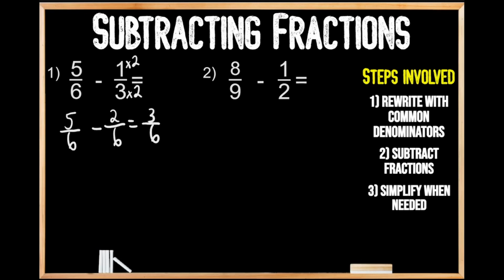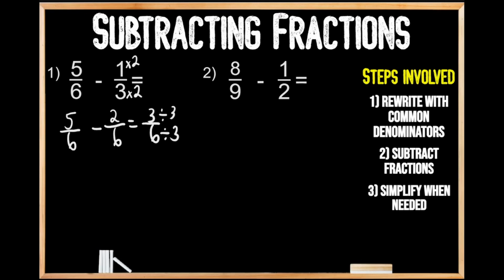Now for our last step, step number 3, we're going to simplify when needed. If you're not being asked to simplify this problem, you could just write the answer of 3/6. But for the purposes of this video, we are going to simplify this fraction. Both 6 and 3 are multiples of 3, so we're going to divide both the denominator and the numerator by 3.